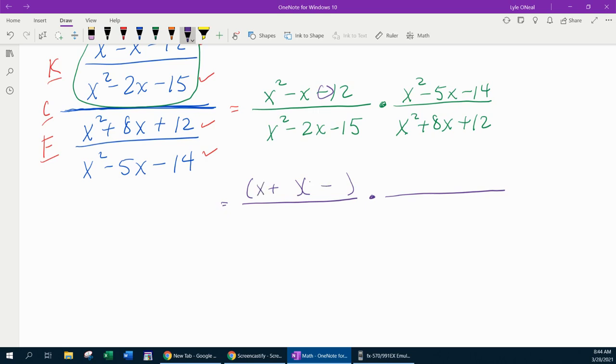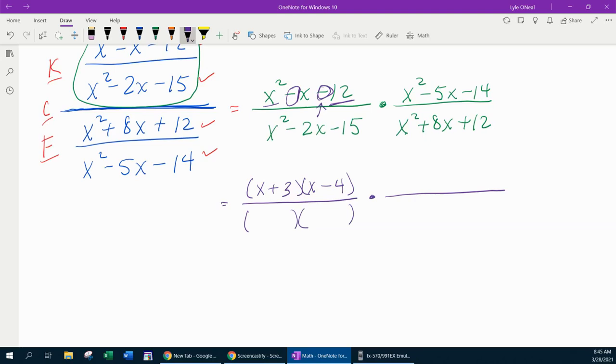And fill in the blanks. X times x is x squared. Numbers that multiply to make 12 and subtract to make negative 1. That would be 3 and 4. The 4 does have to go with the minus because I needed -1. 3 minus 4 is -1, and a negative times a positive makes a -12.